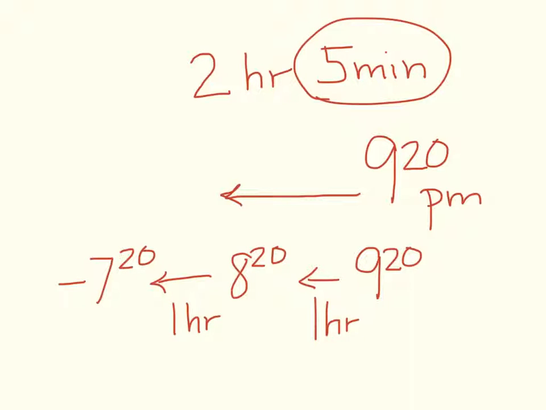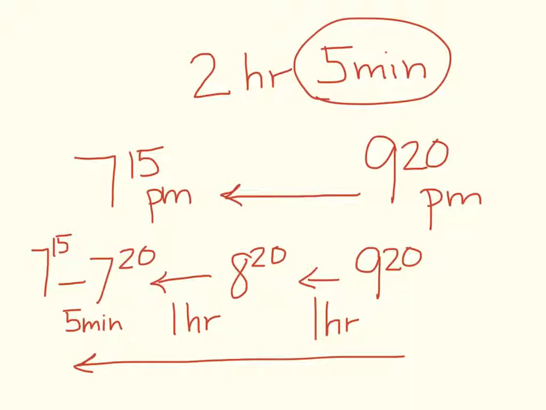So from 7:20 to 7:15 gives me that 5 minutes. So the movie would have had to start at 7:15 p.m. Again, remembering that you must have your labels there. Now, that should kind of help you figuring it out, especially if you remember it's all in the moving back.